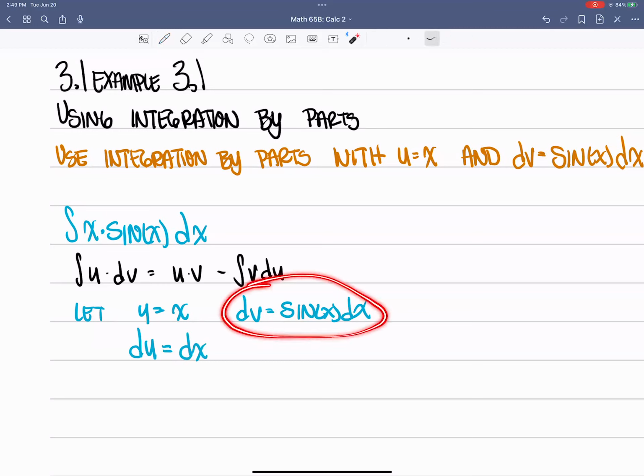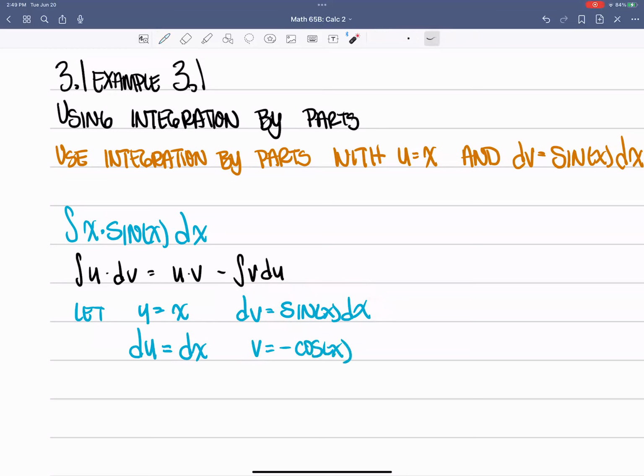And here we're going to integrate dv, with respect to v. Integrating dv ends up just being v. The integral of sine is going to be negative cosine x.